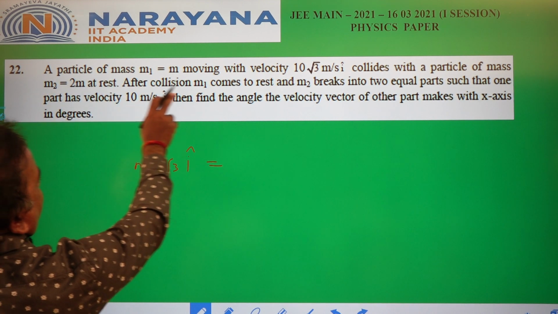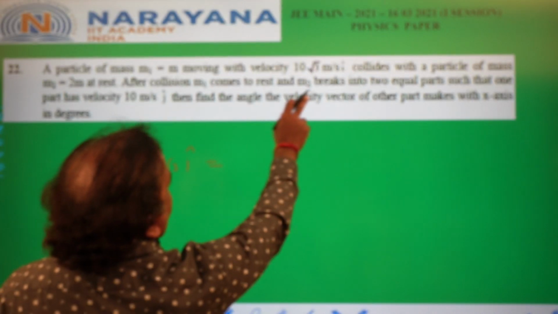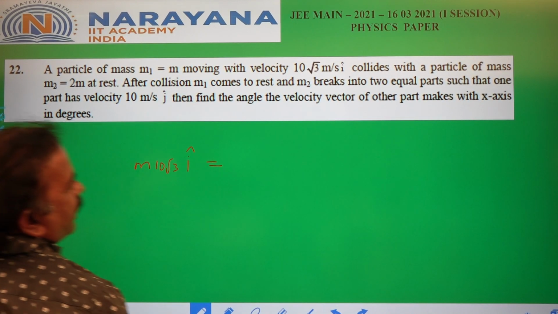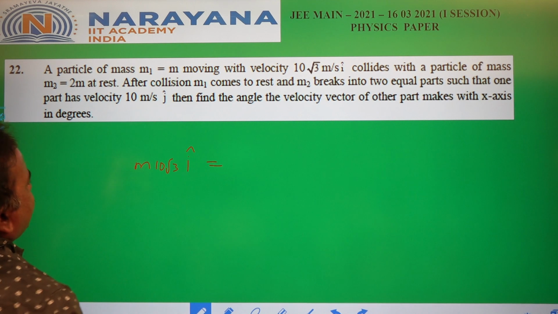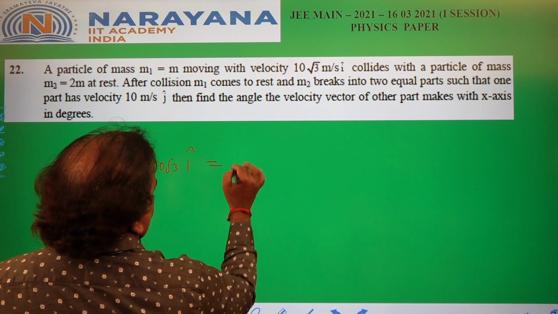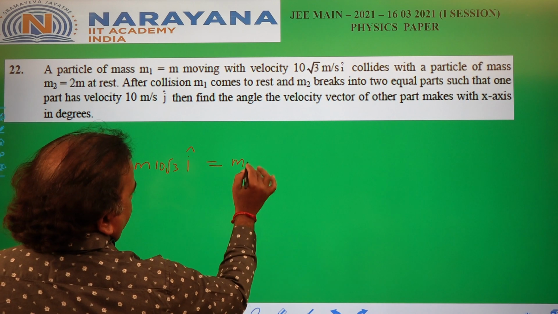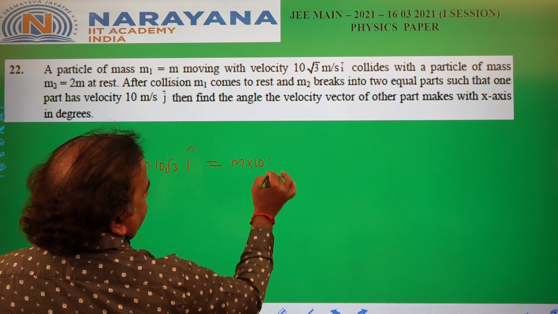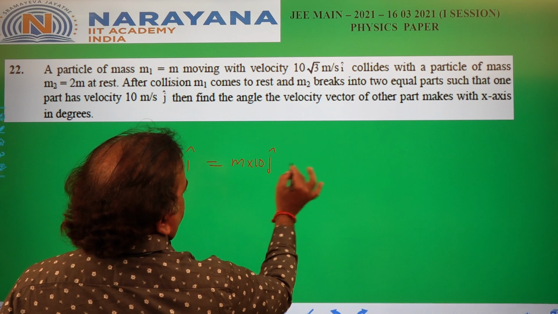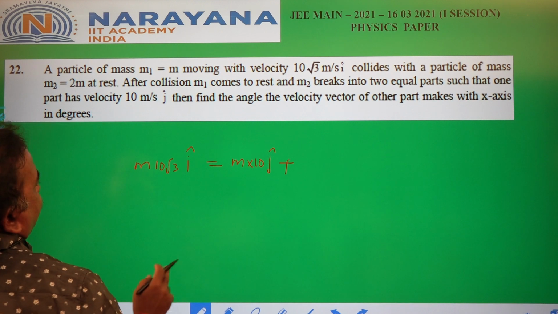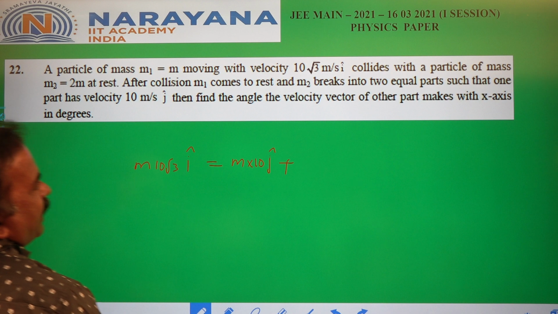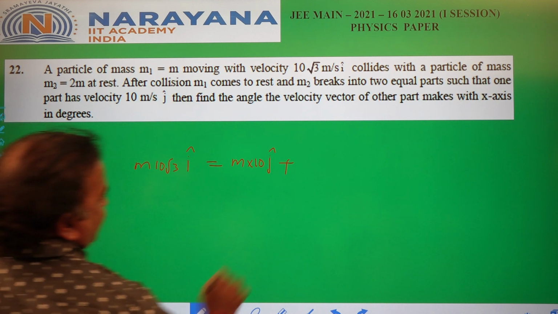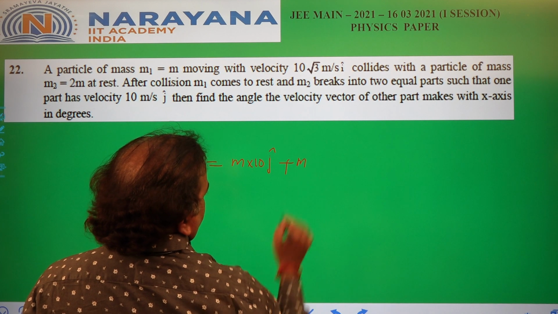2m at rest. After collision m1 comes to rest, m2 breaks into two equal fragments such that one part has a velocity of 10 meters per second. So one part is m into 10 j cap plus one more particle. Then find the angle the velocity vector of the other part makes with the x-axis.